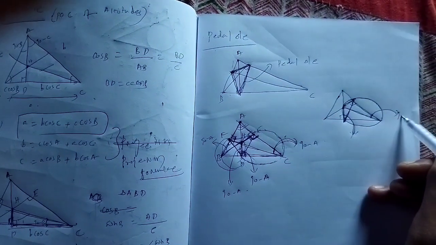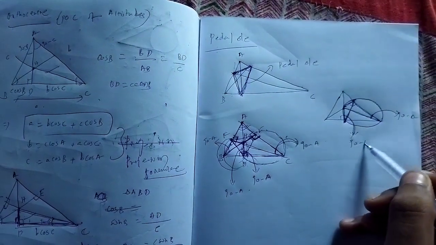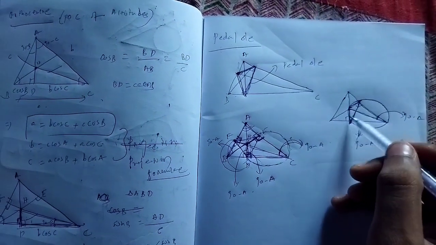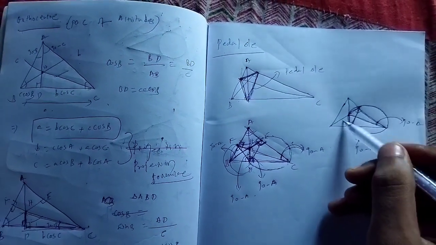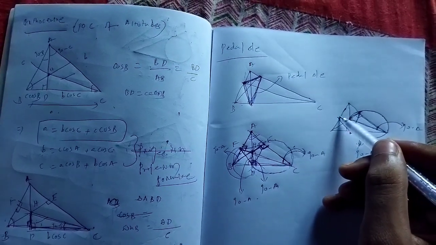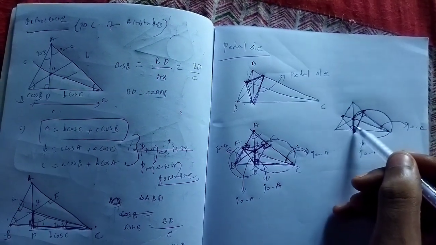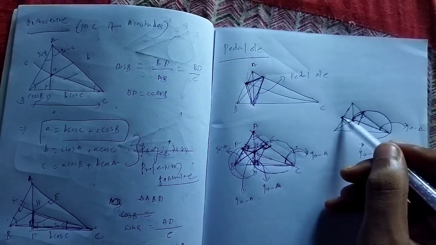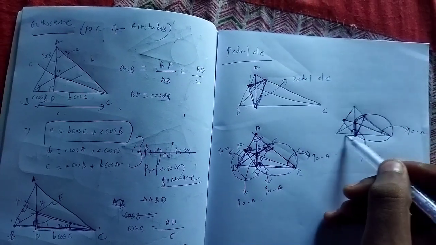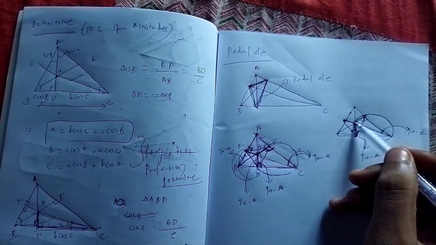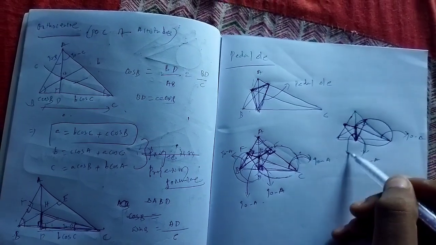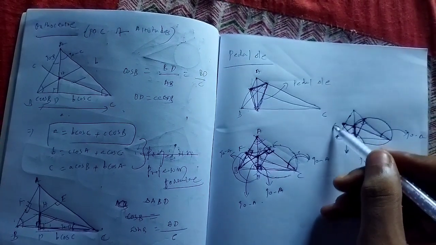So as it is 90 minus A, this will be 90 minus A. Similarly on this side, as this is a cyclic quadrilateral and this is a chord, this angle would be equal to this angle.